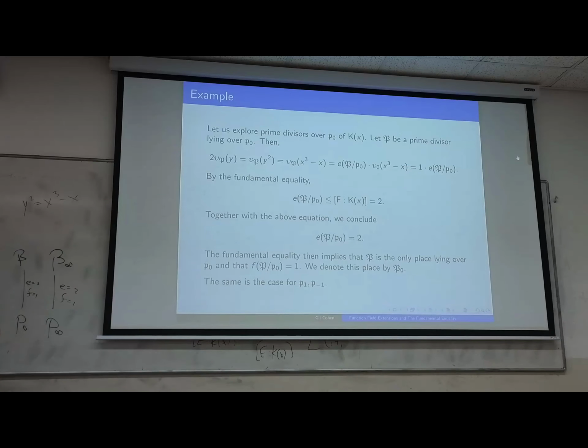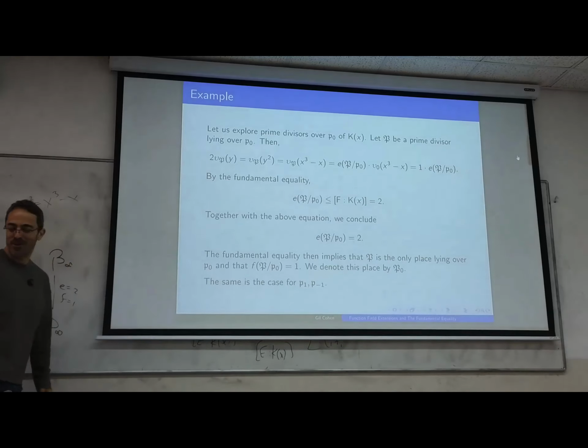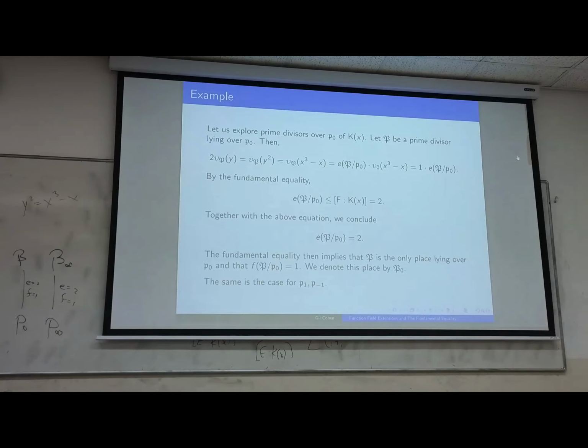So all of them are the same. It means that the common e times the common f times r is the degree of the extension. And if the extension degree is prime, for example, then e times f times r equals prime, and there are only 3 possible choices. One of them is the prime, and the other 2 are the ones. So you can play with that also. But that only takes you so far, and at some point you need proper tools to handle everything. But for fun.